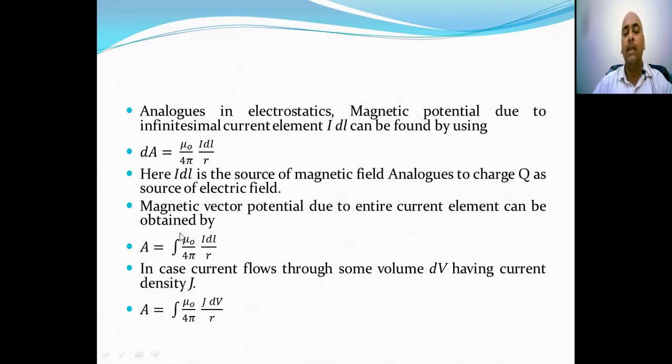That is, A is the integration of mu naught upon 4 pi I dl upon R. In case current flows through some volume dV, with current density J, where current density is current per unit area and volume is area multiplied by length, the magnetic vector potential is mu naught upon 4 pi times the integral of J dV upon R.